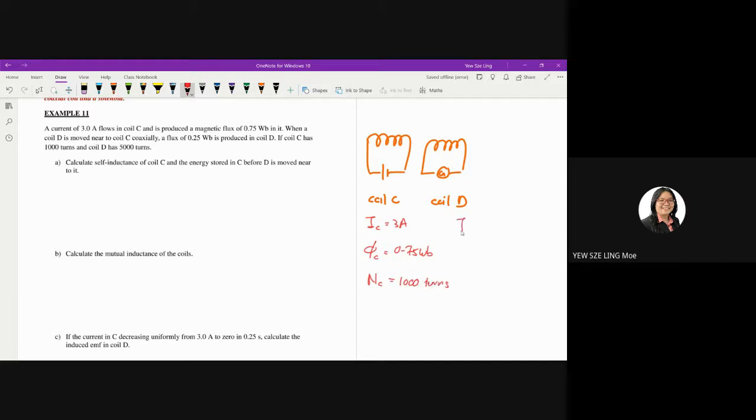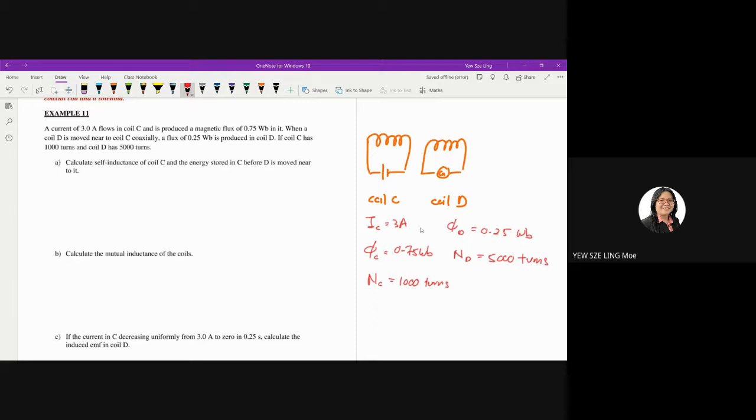Coil D doesn't come with a current, so no I, but it does have a flux D, which is equals to 0.25 Weber, and ND is equals to 5,000 turns.